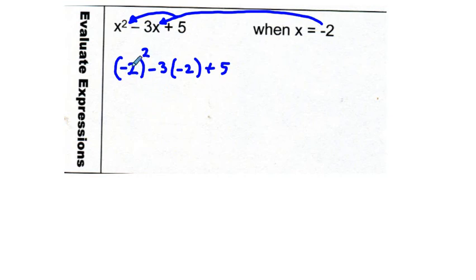Okay, now negative 2 squared is going to be 4, and then we have minus 3 times negative 2. Well, negative times negative is positive, so it's going to be plus 6, and then finally bring down the plus 5. So our answer for this evaluation is going to be 15.